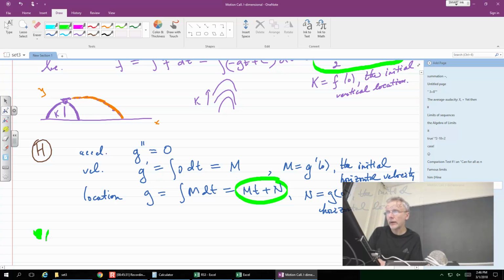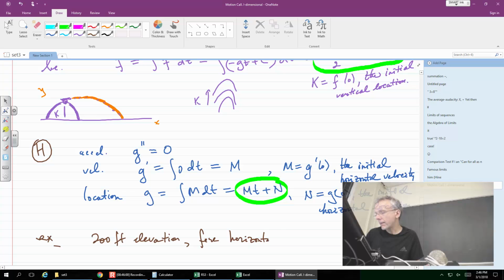Okay, so then it's really no trouble to make it more specific. So for example, I could choose anything specific here. So these four quantities can be made specific. So I want to consider this. Suppose we have a 200 feet elevation from when the shot was made, and we fire horizontally at 200 feet per second.